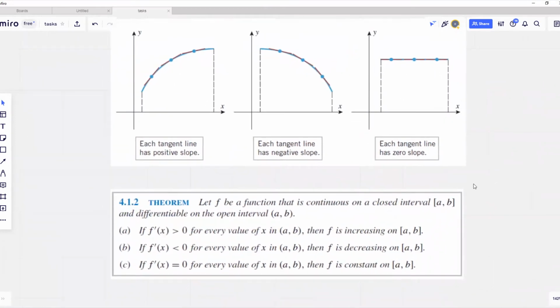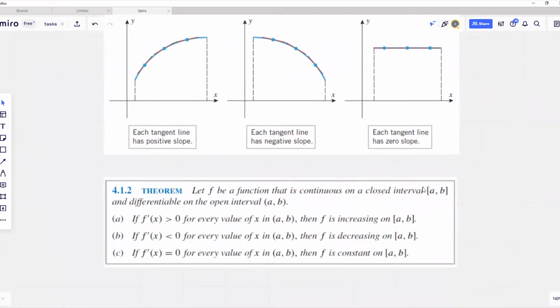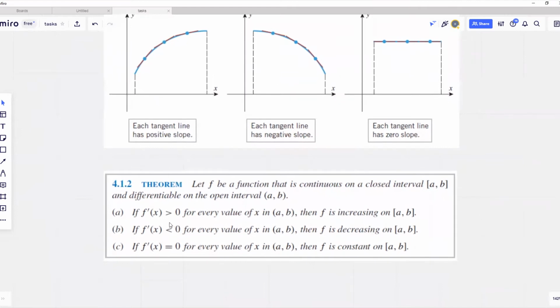So which suggests the following theorem. Theorem 4.1.2: let function f be continuous on the closed interval from a to b and differentiable on the open interval from a to b. If the first derivative of the function is positive for every value of x in the open interval from a to b, then function f is increasing on the closed interval from a to b.